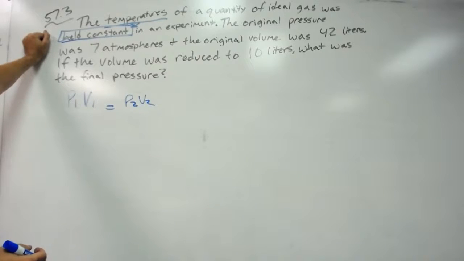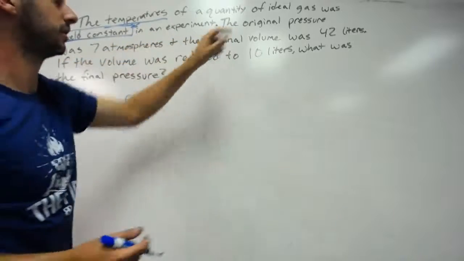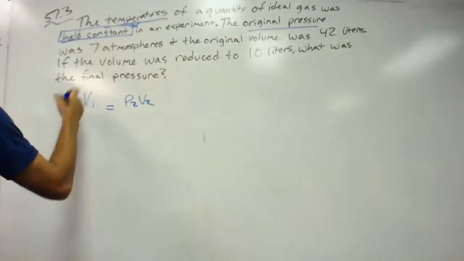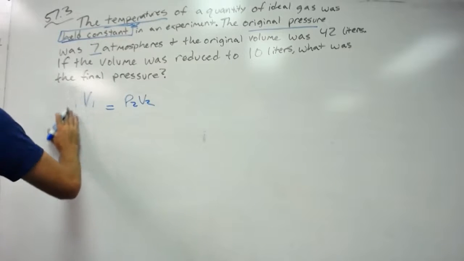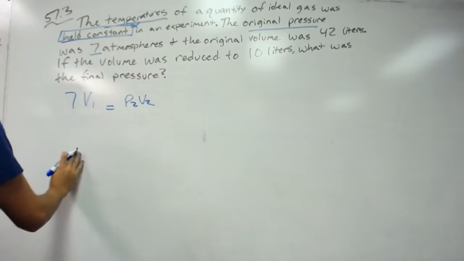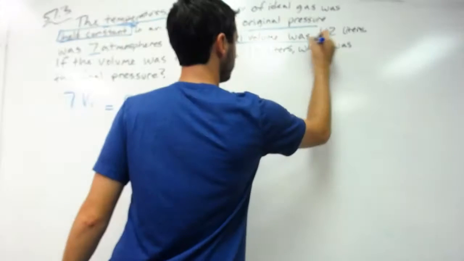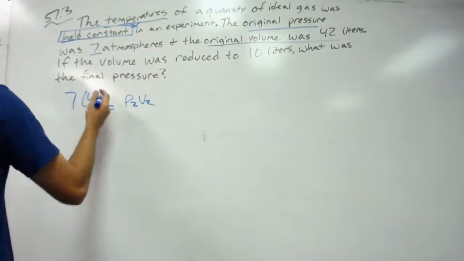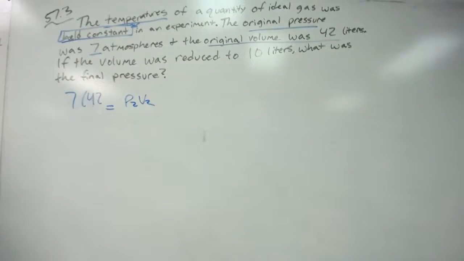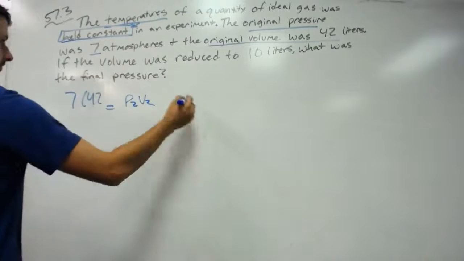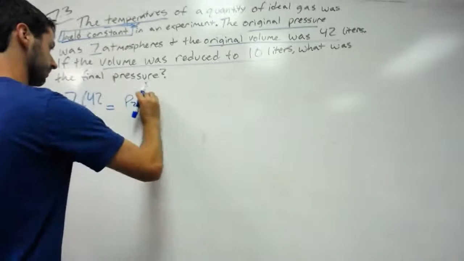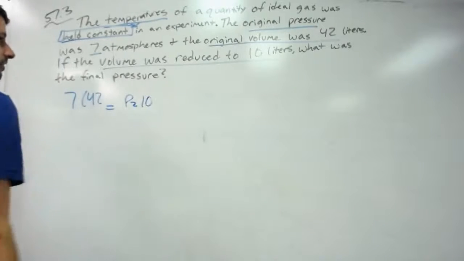Now let's move on and see what we can find here. The original pressure, so that's P1, was 7 atmospheres. Original volume is 42. If the volume was reduced to 10, what was the final pressure?